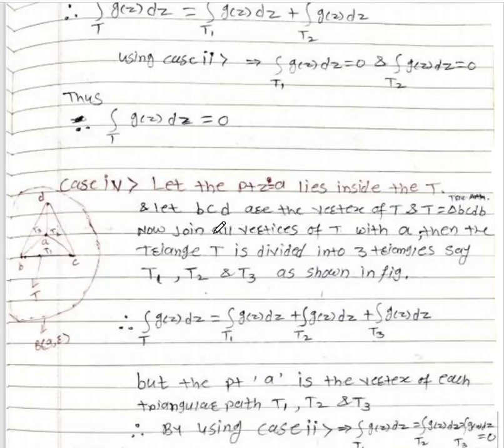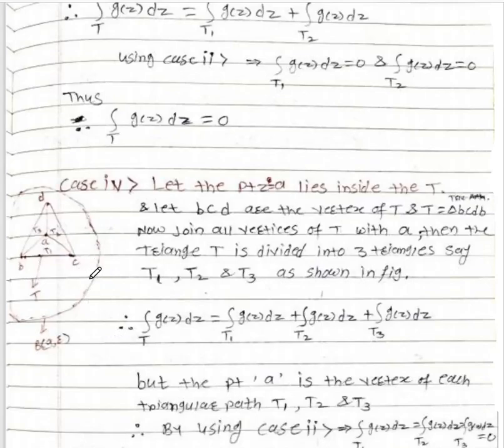Let us consider B, C, D are the vertices of T, and T is a triangular path, BCDB. Join all the vertices of the triangle T with a. Then the triangle T is divided into three triangles, say T1, T2, T3, as shown in the figure.